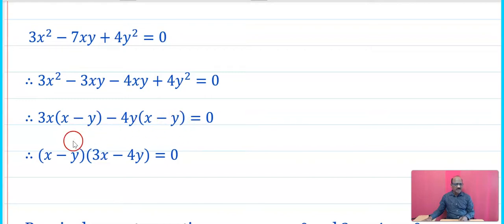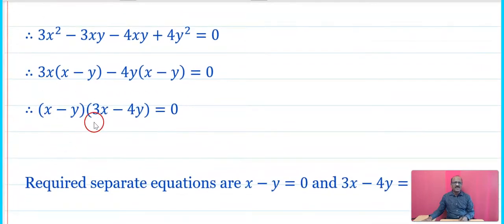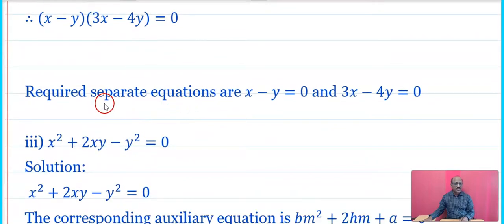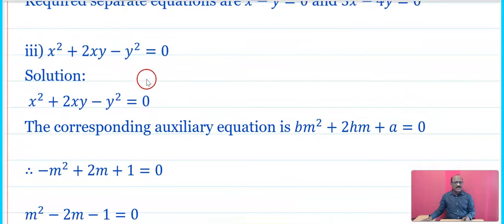Again take x minus y common, then in the bracket you will get 3x minus 4y is equal to 0. Therefore the required separate equations are x minus y is equal to 0 and 3x minus 4y is equal to 0.